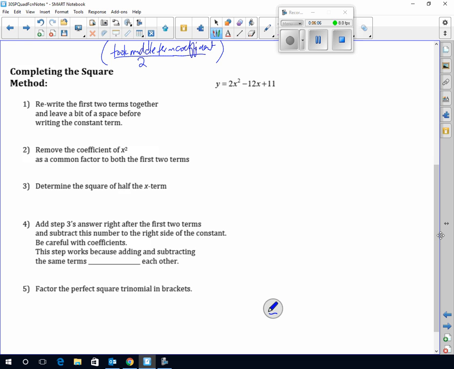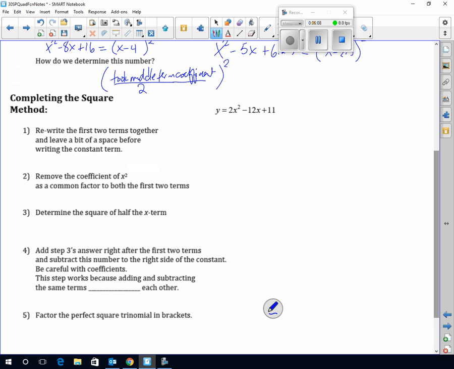So the first step in the method is to rewrite the first two terms together and leave a little bit of space before writing the constant term. So I'm going to write it like this: y equals 2x squared minus 12x, leave a space, plus 11. What's going to happen here is I need to figure out what this k is, and that's why I'm leaving a space.